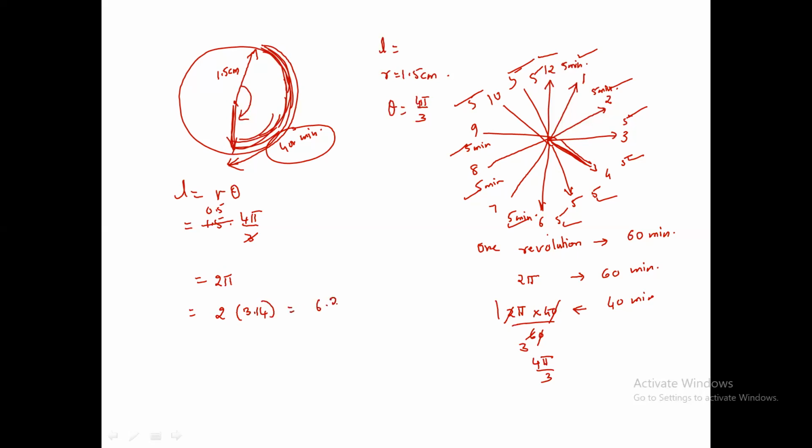So 6.28 centimeters is the length of the arc. That means the tip has moved 6.28 centimeters in 40 minutes. So practically, if you are good at the concept, you need not think. You can do it very easily.